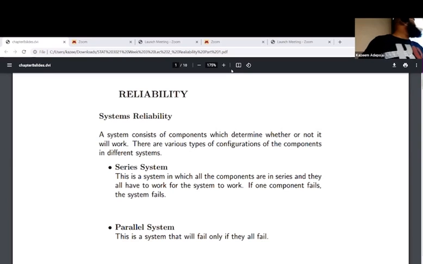of a system. Let me start by telling you that when we talk about reliability, we mean a system is reliable if it is trustworthy and if it can perform consistently.